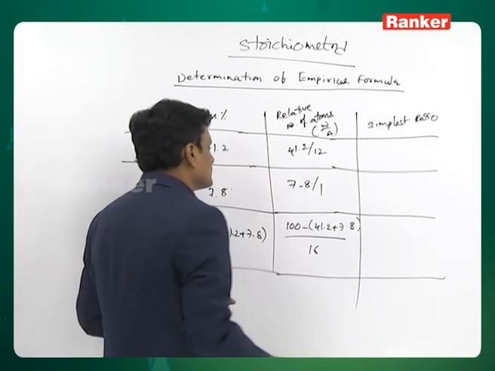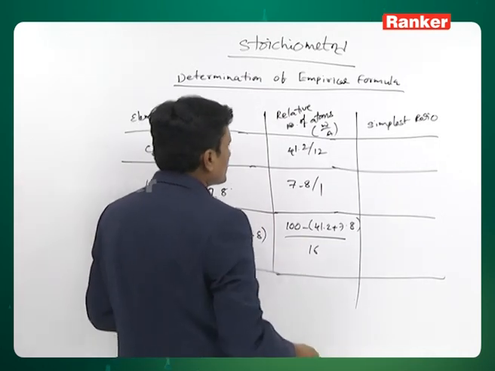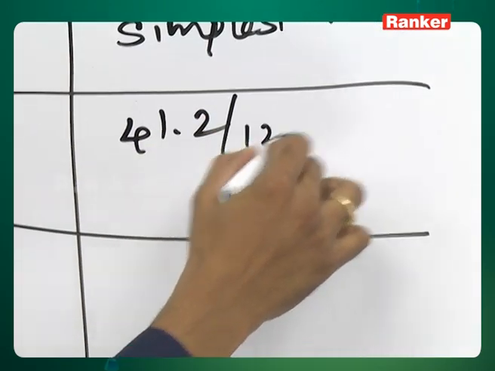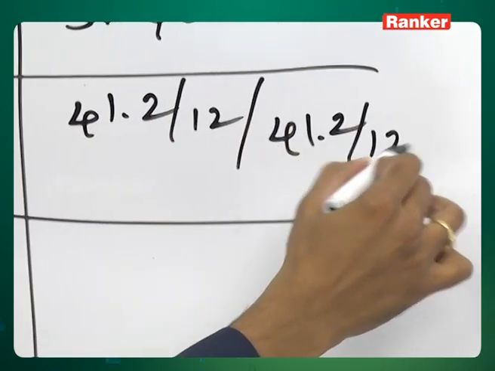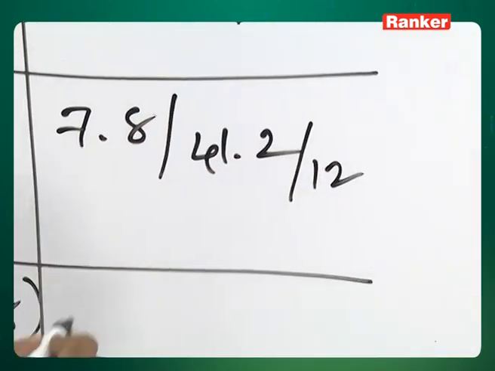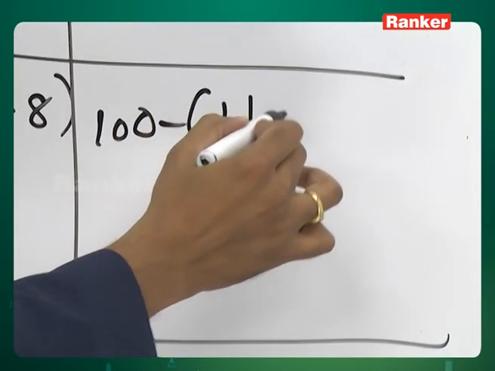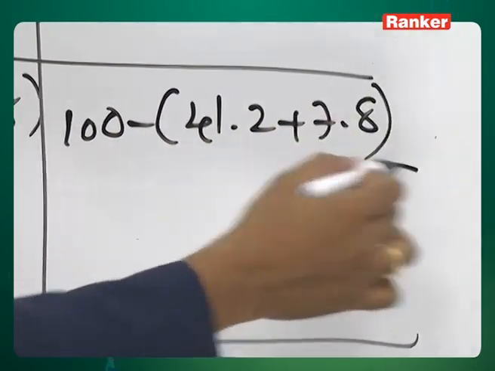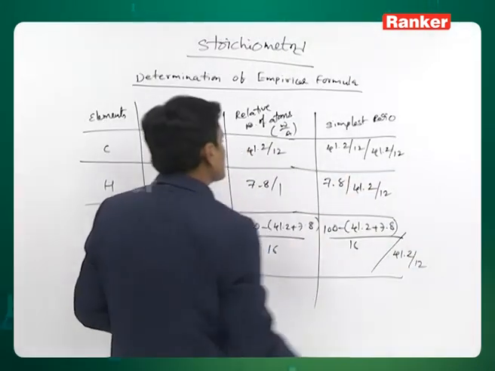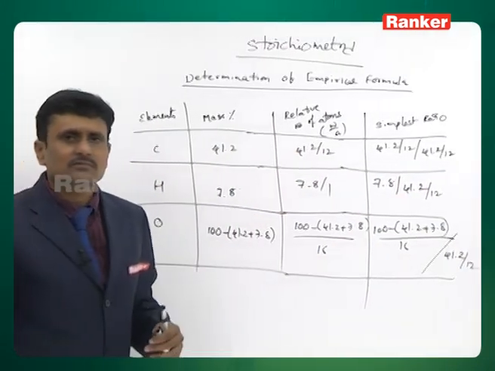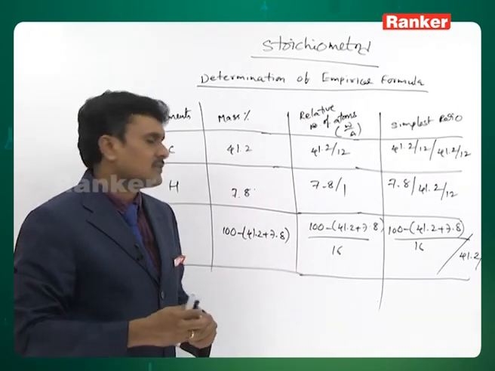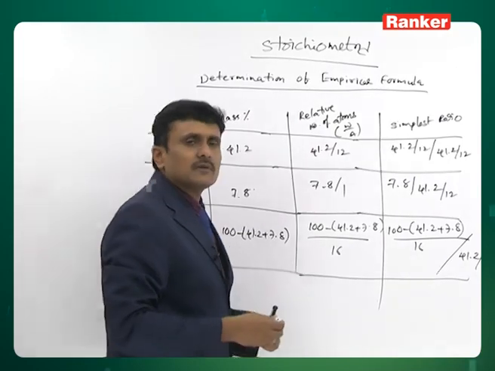For example, this value may turn out to be less, or else if this is less, we will be dividing the whole value by that. Whichever value is lesser, that value has to divide the remaining values, and based on the simplest ratios obtained, we can get the empirical formula of the given compound.